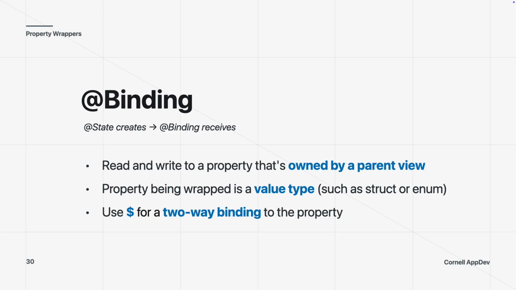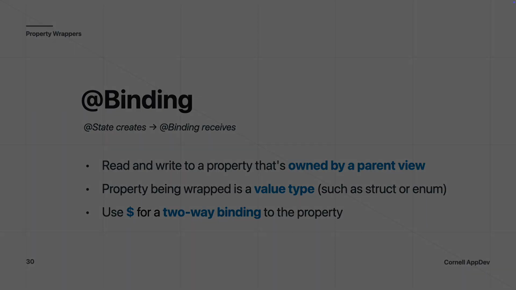If I have a variable that's @Binding, that's essentially saying there's some parent object that creates the original instance of this variable I'm trying to monitor, and @Binding says I can change this same instance in my child. More formally, I can read and write to a property that's owned by my parent view, and the property being wrapped is still a value type. So I would use this with a struct or an enum, and I still use the $ sign for two-way binding to the property.